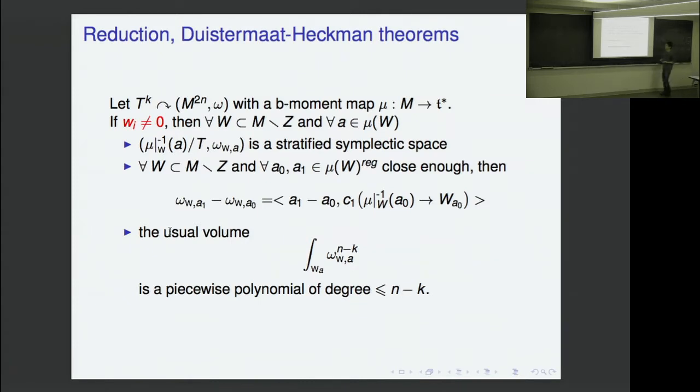If we have this moment image in a regular chamber, and suppose this fibration is actually a torus bundle, then we can consider the C1, and this pairing is going to give you the difference between two nearby reduced forms. And also the Duistermaat-Heckman measure given by this piecewise polynomial. So we see that there is a very nice b-symplectic case of the reduction and the Duistermaat-Heckman theorems.